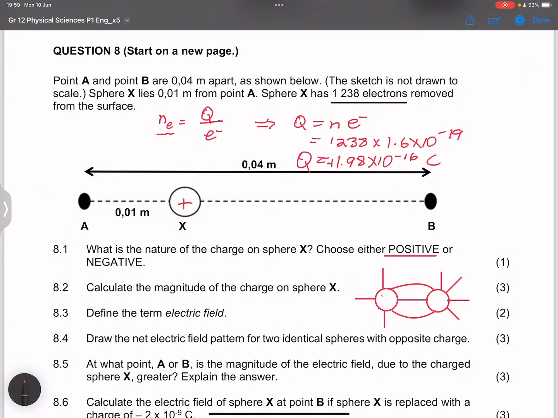Please remember that from the positive side, the field lines would be moving away, or moving out. They move away from the positive but towards the negative, so these ones would have the lines moving in.